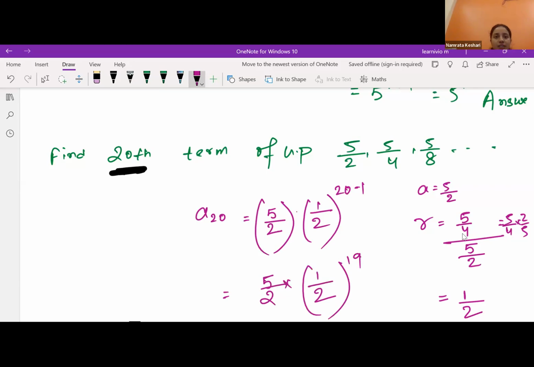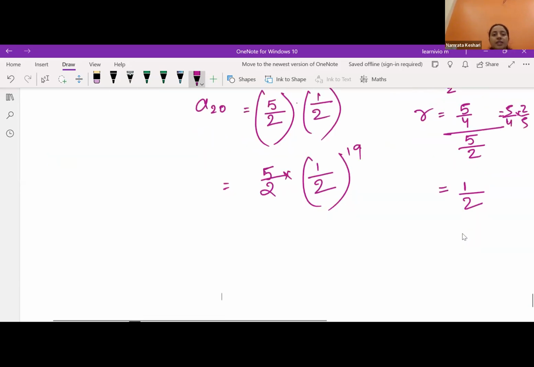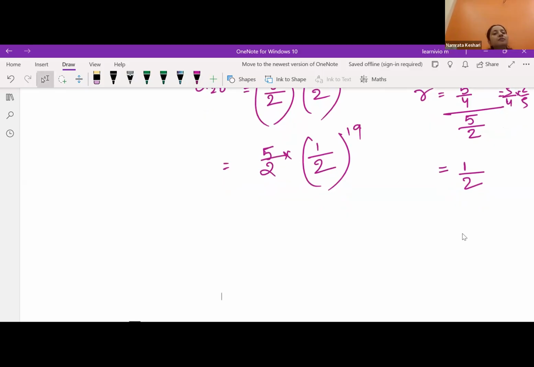We will not leave the answer like this. Whatever little bit simplification is possible, by using the law of exponent, we will perform that. So 5 by 2 will remain as it is, and 1 by 2 to the power 19 means 1 will take the power 19 and 2 will also take the power 19. And we will be having 5 by 2 into 1 by 2 to the power 19.